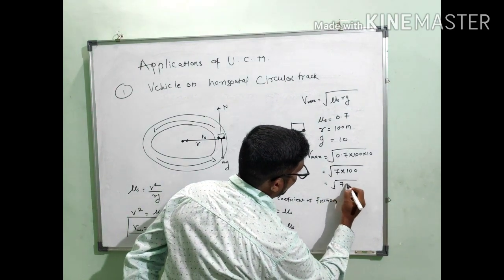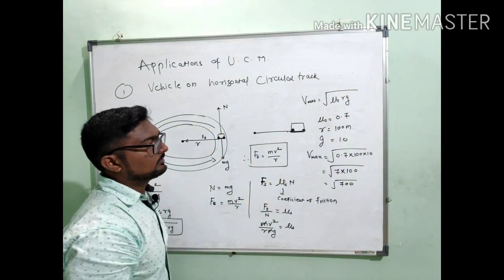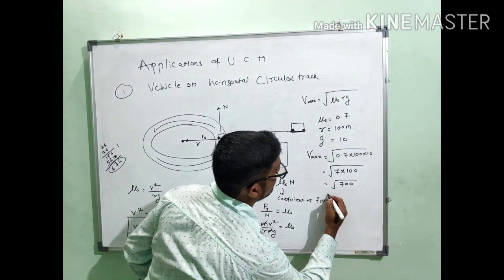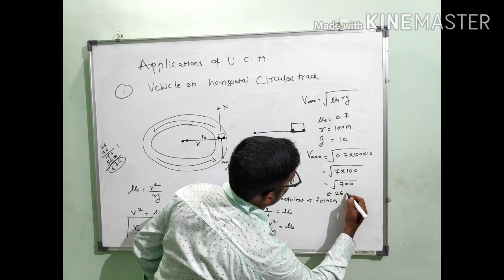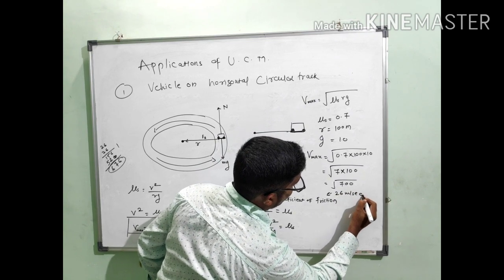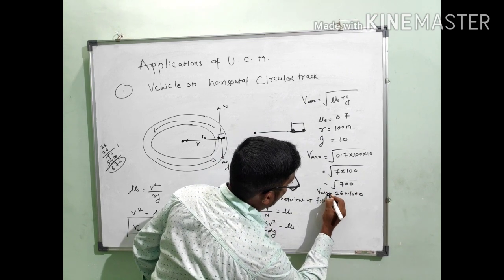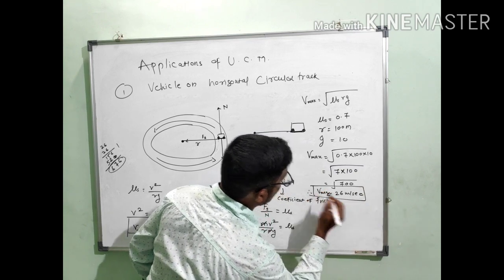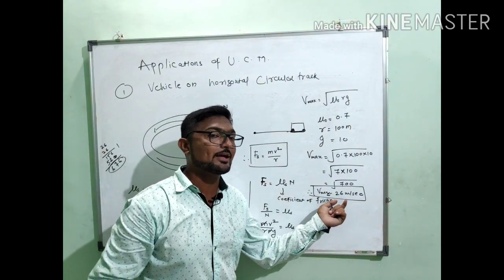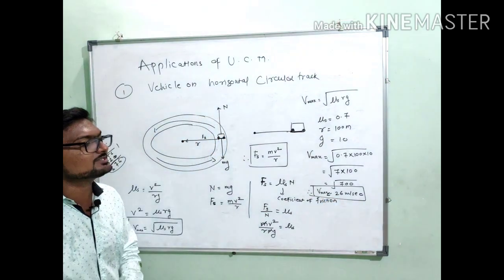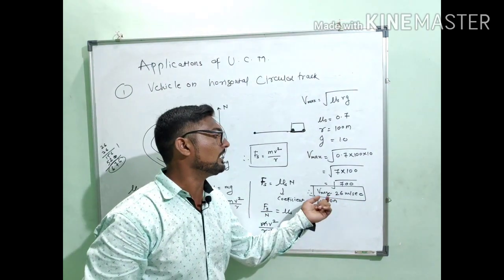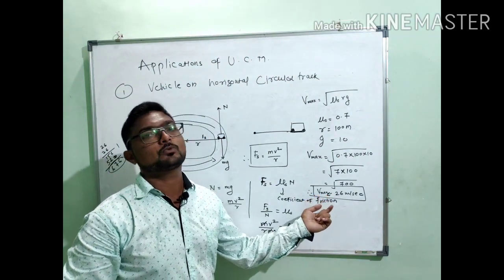That is 700, which is near about 26 meter per second. So in this example we can see the maximum speed is 26 meter per second, which is very less. That's why we have taken this maximum speed.